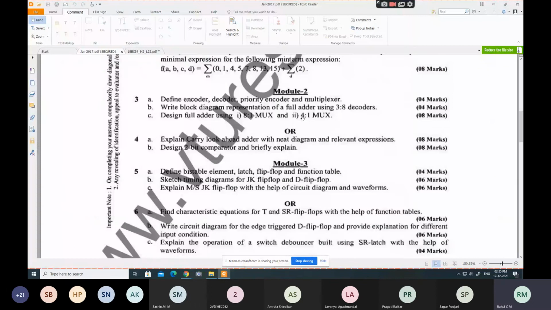So, what are the marks? It allows information from several sources to be routed into a single output.